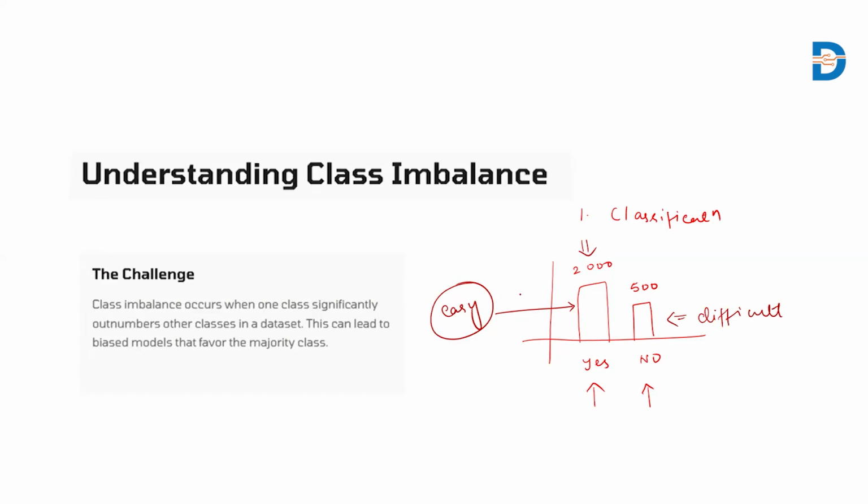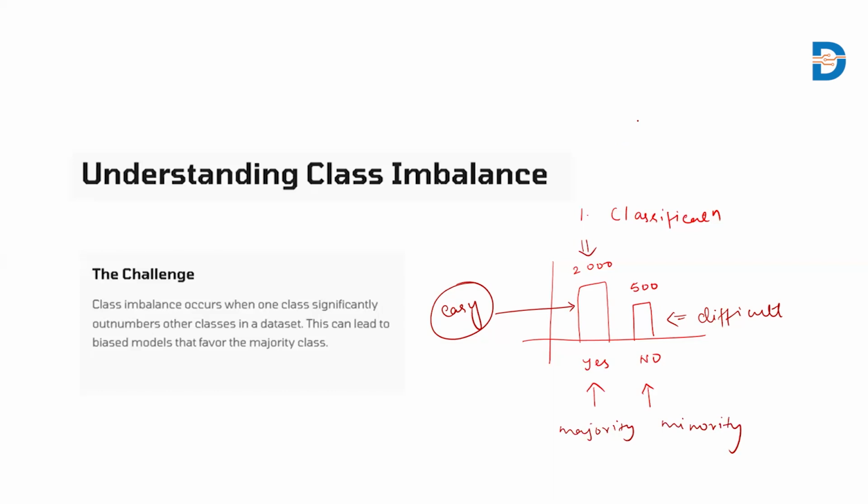Whichever class has a larger number of records, we call it the majority class. Whichever class has fewer records, we call it the minority class. The simple understanding is that the model will be more biased towards the majority class, and it will be very difficult for the model to classify or understand the minority class data.